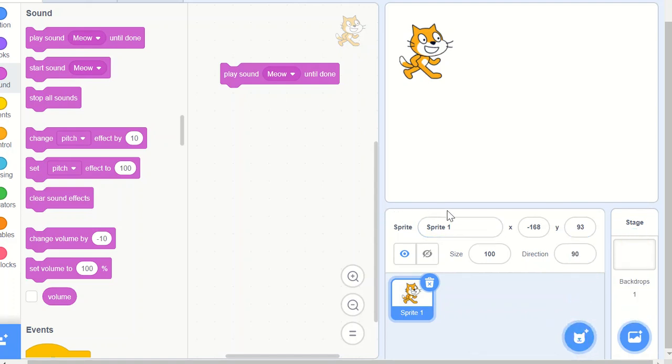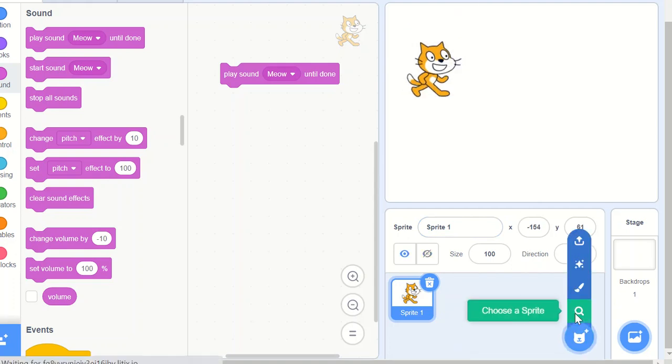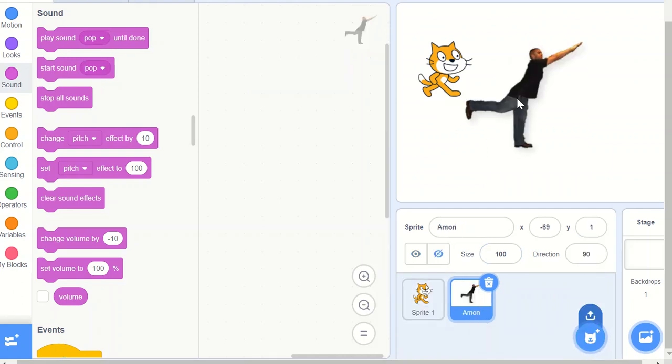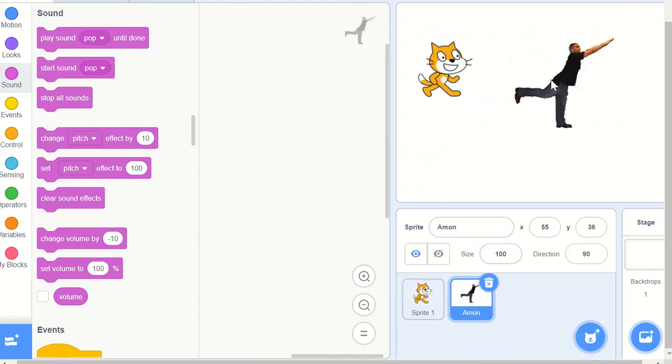Next we learned about the current sprite info window. Current means this info window tells us about the current sprite, the sprite that is present on the stage. If I have taken another sprite, then this sprite has its own information: its name, its size, its direction.